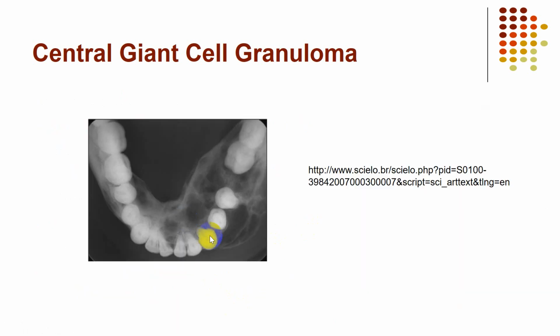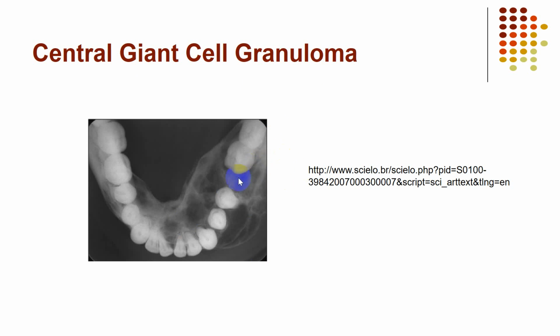This is a multilocular radiolucent lesion affecting the mandible. It is poorly demarcated, expanding the mandible lingually and buccally. So you need to include central giant cell granuloma in your differential diagnosis list, because it can be a small, well-demarcated radiolucent lesion like a cyst, and it can resemble ameloblastoma.